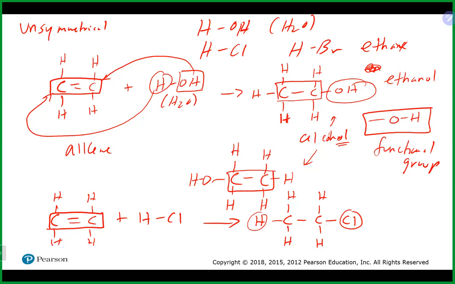So if you are going to do this addition to a carbon-carbon double bond where each carbon basically has the same number of hydrogens on it, it doesn't really matter where you put the hydrogen, and it doesn't really matter where you put the chlorine or the OH. You can't mess it up. It'll basically end up on the same one.